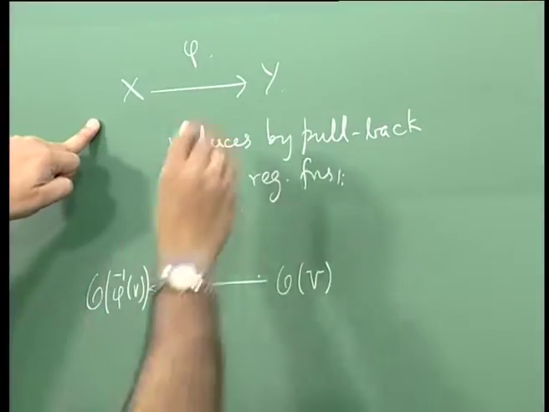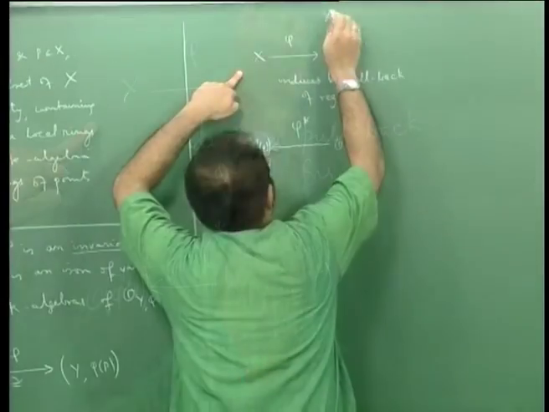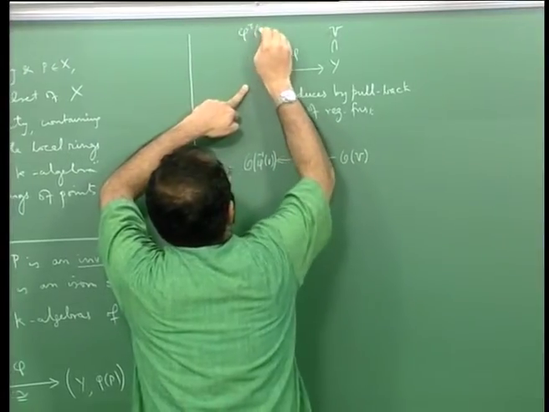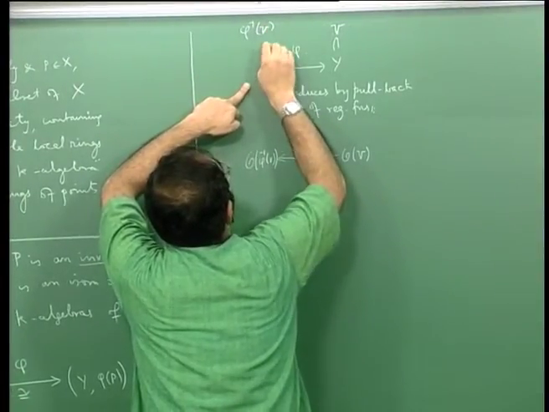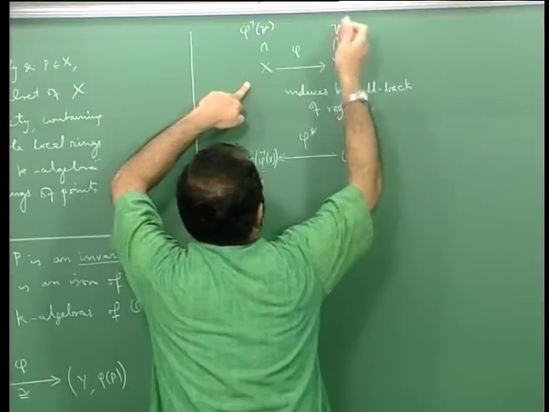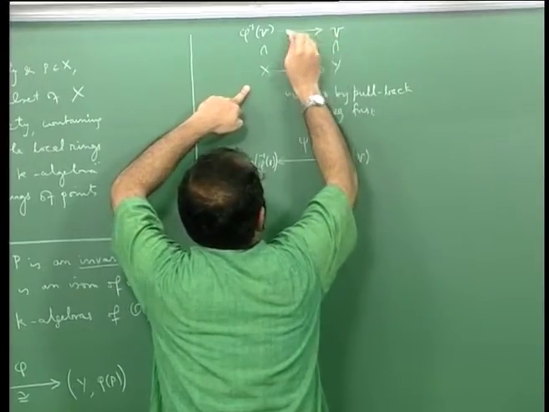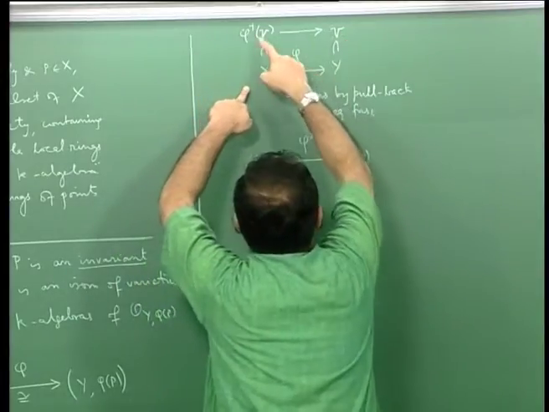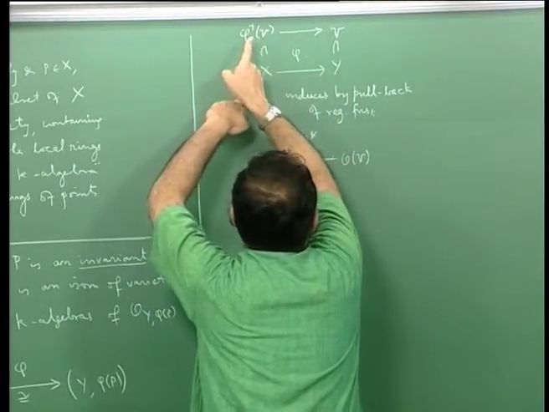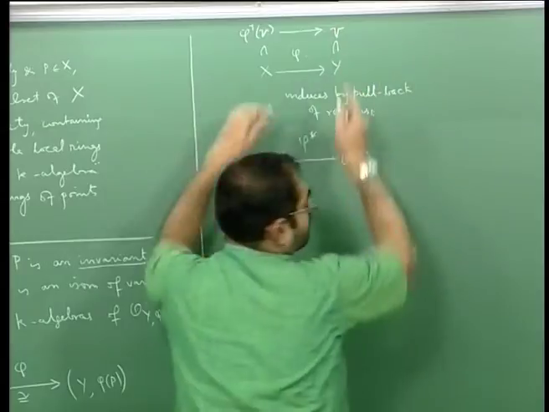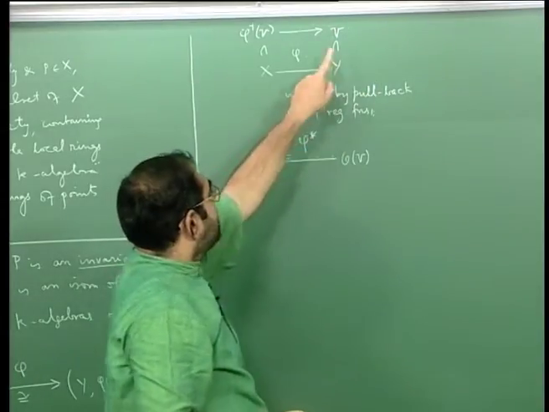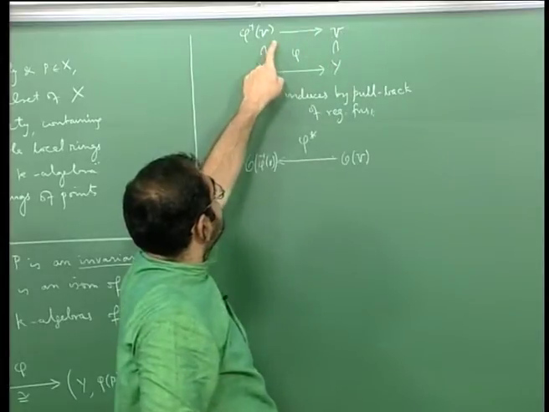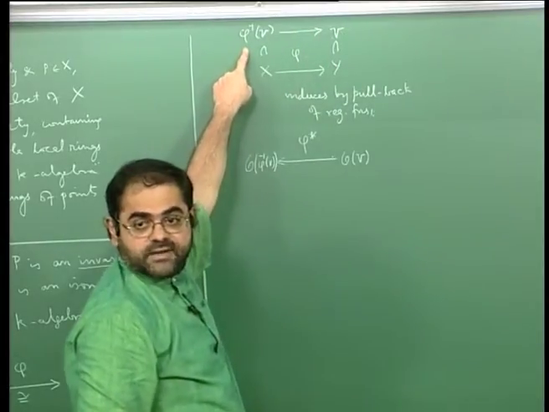So if you have y and V an open subset of y, then phi inverse V is going to be an open subset of x, and phi restricted to phi inverse V takes it into V, so it is a morphism of the variety phi inverse V into V. Give me any regular function on V. By composing it with phi I will get a regular function on phi inverse V, that is the pullback map.